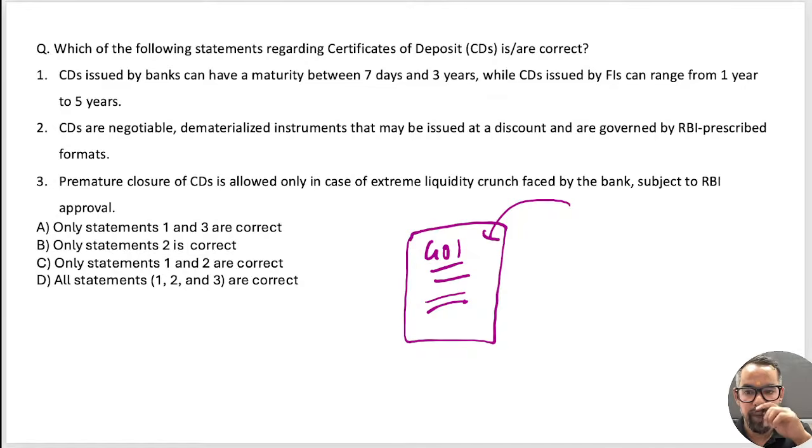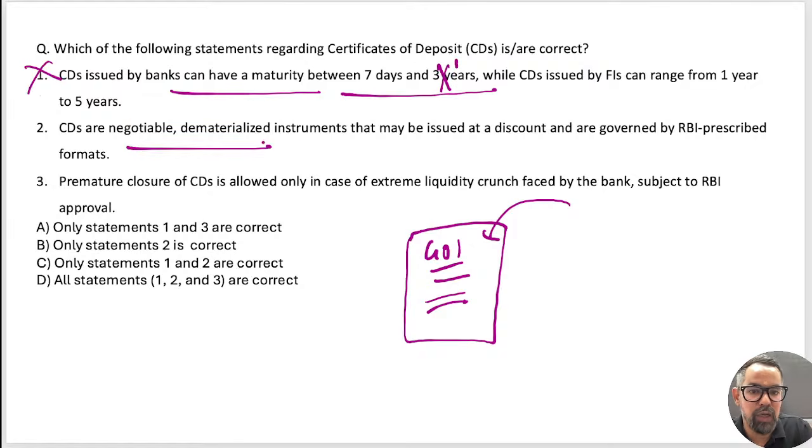Now power is back. So the question is: CDs issued by banks have a minimum maturity of 7 days to 3 years, right? They get issued for 1 year. The next one is CDs are negotiable dematerialized instruments that can be issued at a discount and governed by RBI prescribed formats.